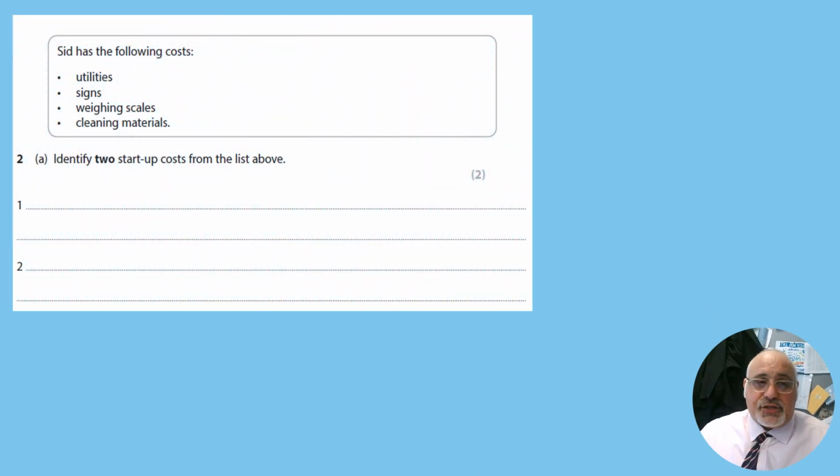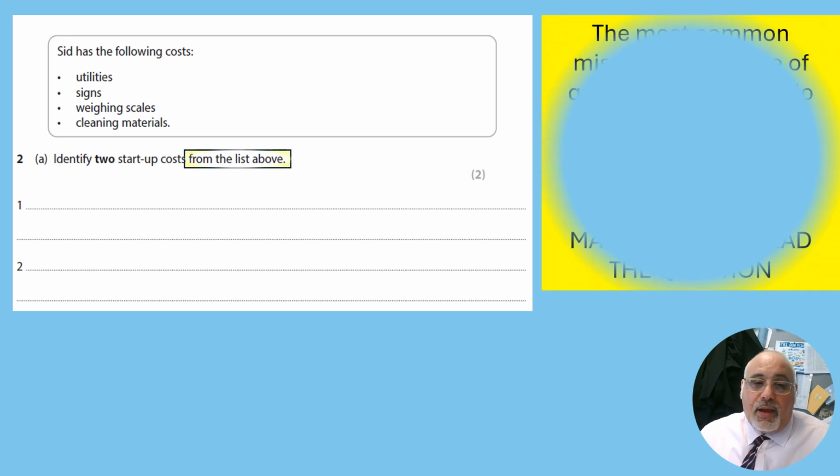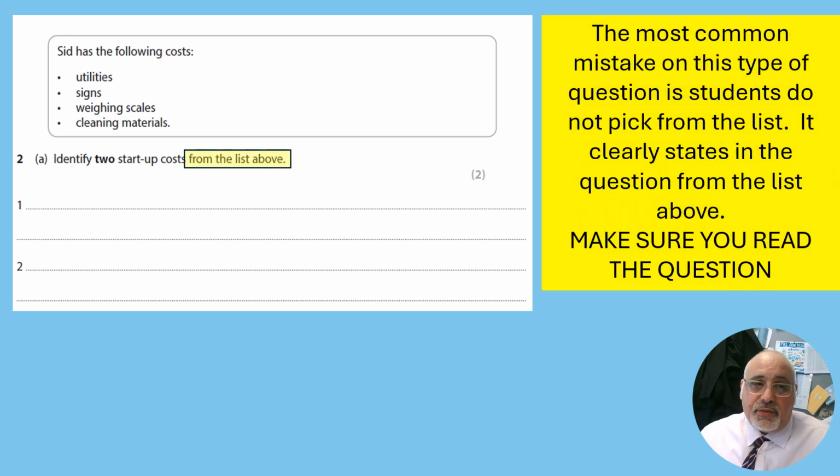So this question carries 2 marks. However, if you look at the command word, this time it's identify rather than give, so therefore it's still only a 1-mark question for knowledge and theory. However, there is a common mistake made on these types of questions. If you look at the question carefully, it does state from the list above.